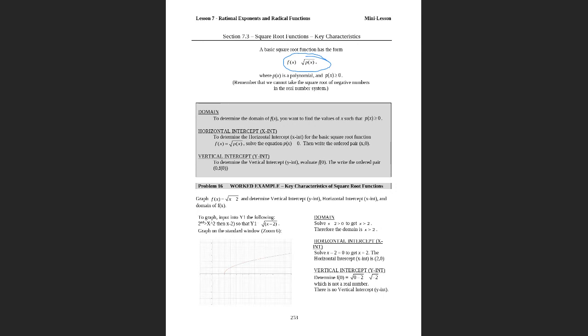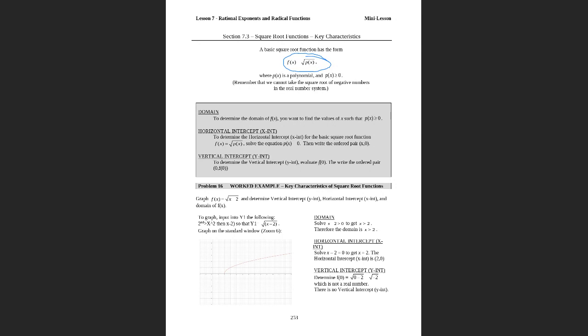Now, why should p of x, which is under the square root sign, be greater than or equal to 0? Remember that we cannot take the square root of negative numbers in the real number system. But if it's a cube root or an odd number root, then it's a different story, right?